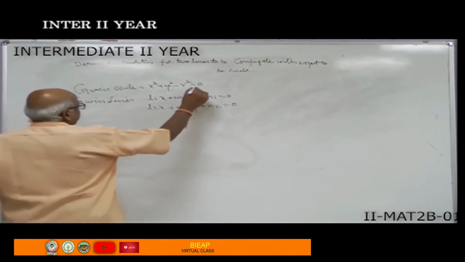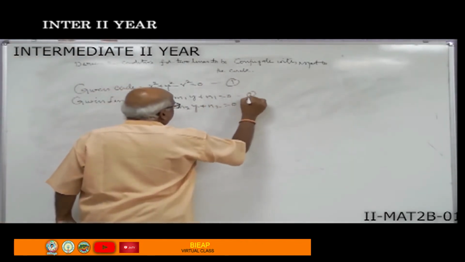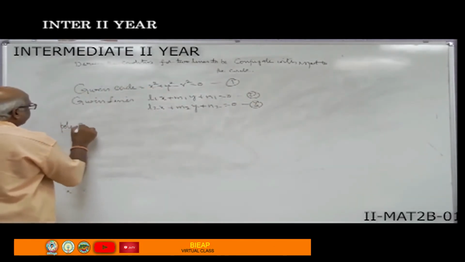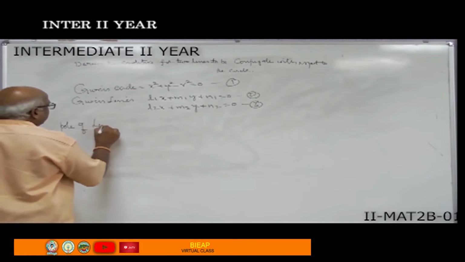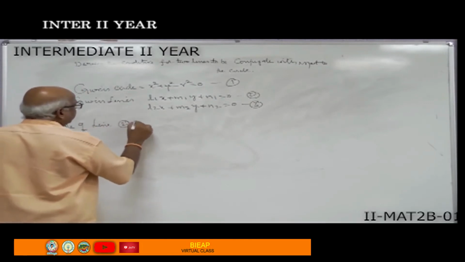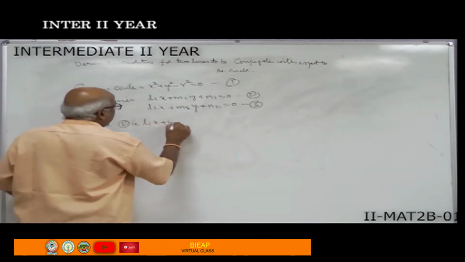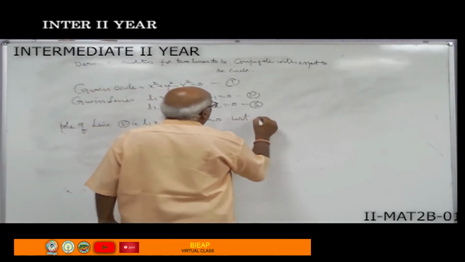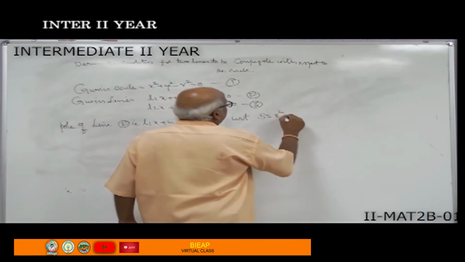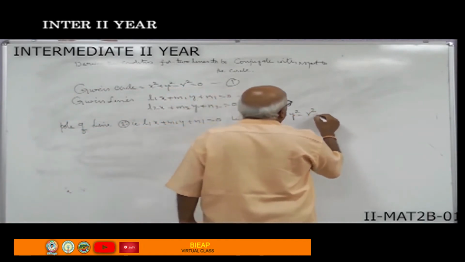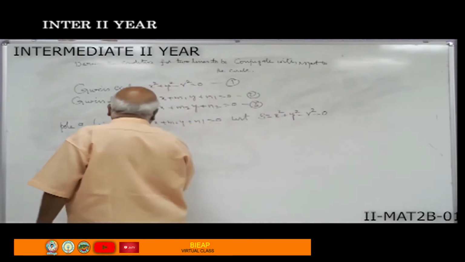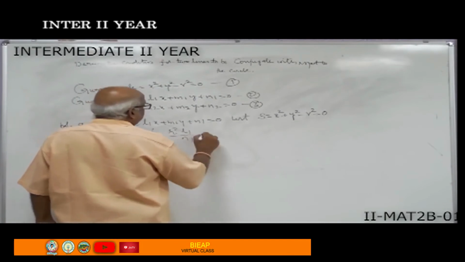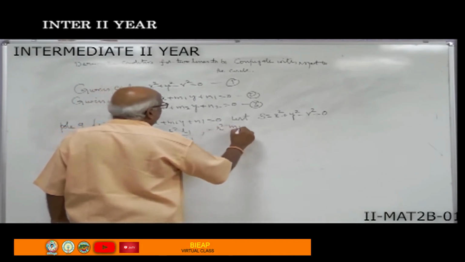This is the first equation, this is the second equation, and this one is the third. The pole of line 1, that is L1x plus M1y plus N1 equal to 0, with respect to S equal to x square plus y square minus r square equal to 0, is minus r square L1 by N1, minus r square M1 by N1.